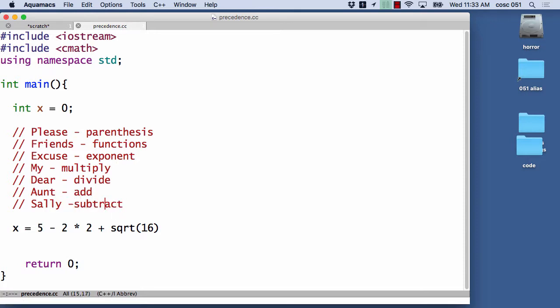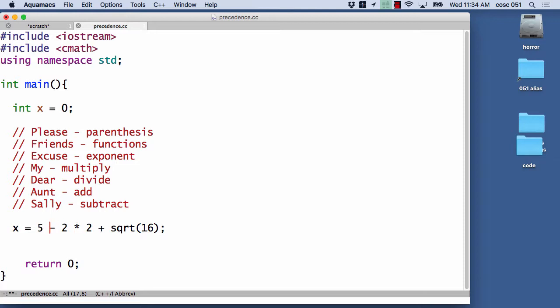Okay, so these are the orders of operation. Given this, how do we figure out what goes on in here? Which one do we do first? The square root goes first, so that will turn into a 4, because that is the function. Are there any other functions? Any parentheses? So which one do we do next? Multiplications, we do 2 times 2.